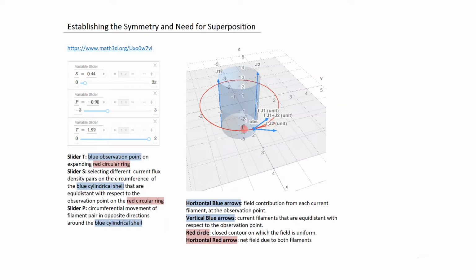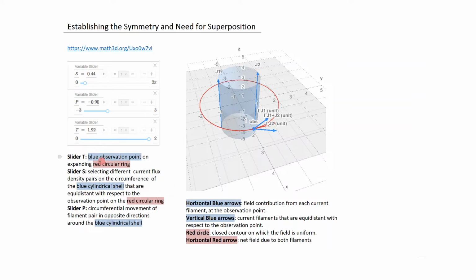Next, let's move over to a different location on this particular circle and repeat the same experiment, where we move these two lines around such that the distance between this and the observation point, and this and the observation point, is the same. We end up with the same results. So the field at each point along this circle will remain the same. In other words, it's uniform, and it's tangential to this circular line.